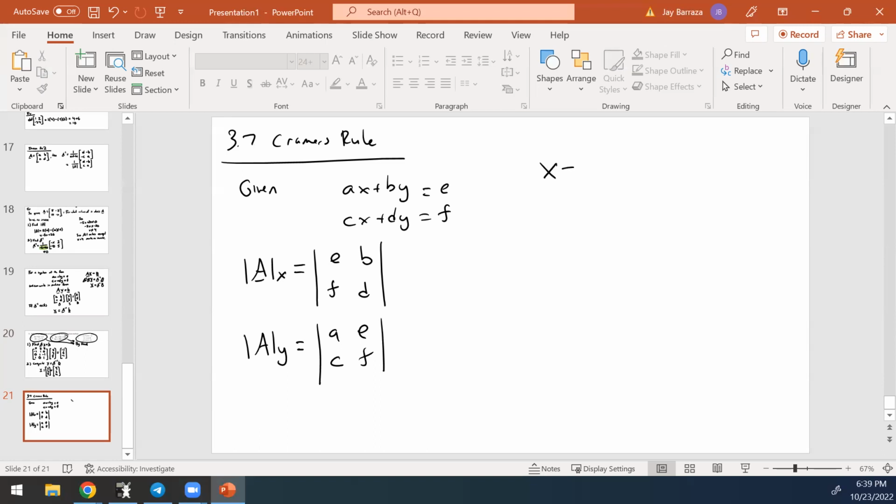And x is equal to, so your x coordinate is equal to the determinant with respect to x over the determinant of A, and y is the determinant with respect to y over the determinant of A, like that. Okay? Any questions on that? And so then you would just calculate those values and you'd be good to go. Okay.